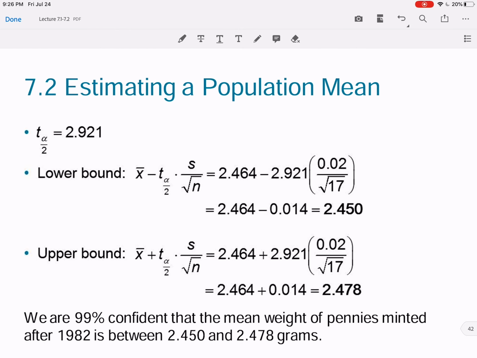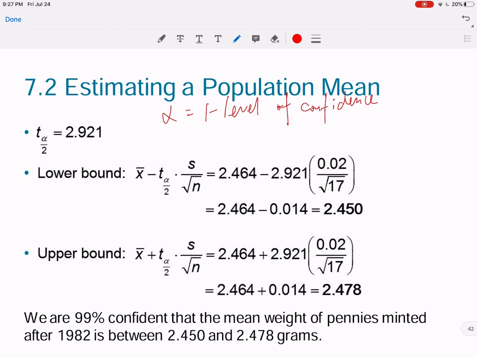Now let's take a look at what we did here. We know that alpha is equal to 1 minus the level of confidence. So in this case that would be 1 minus 99%, which is 1%, which is 0.01. Half alpha would be 0.01 over 2, which is 0.005.